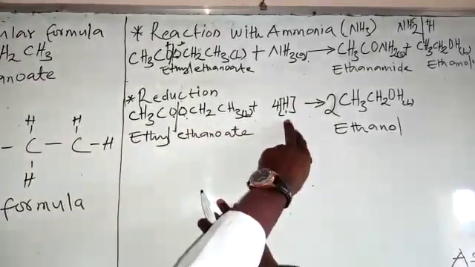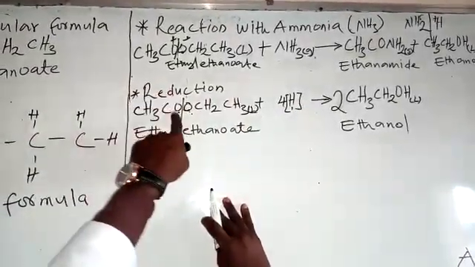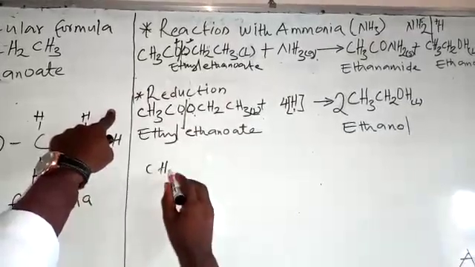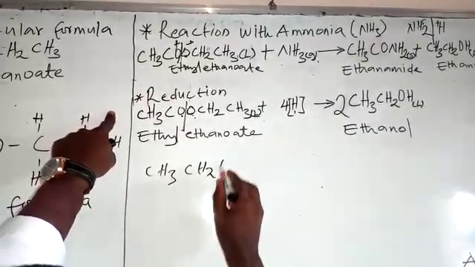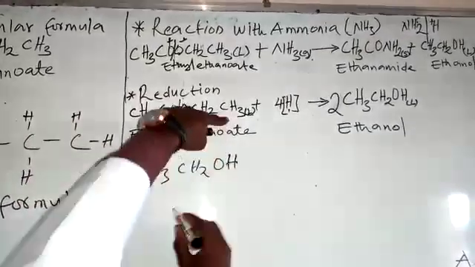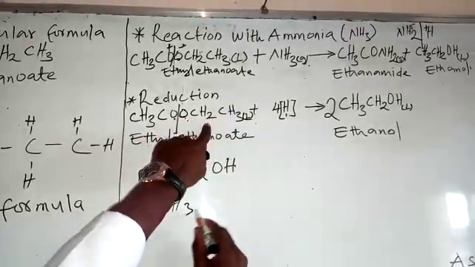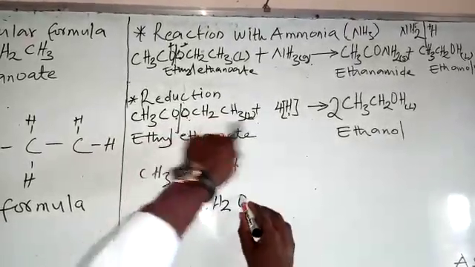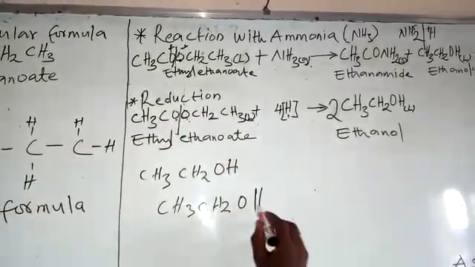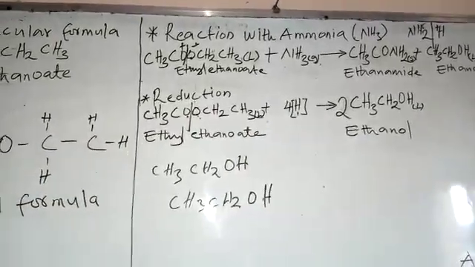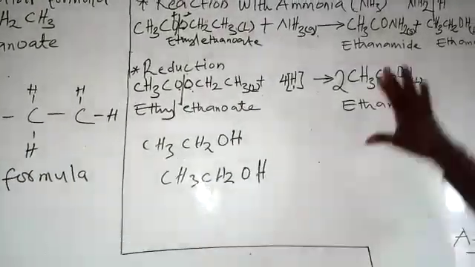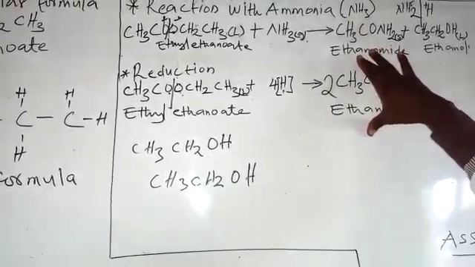Then the remaining 2 hydrogen will be attached to this carbon here, to give you CH3CH2OH. And this now becomes CH3CH2O. Then one hydrogen attached will give you H. This is 2 moles of ethanol. So this is how we obtain the 2 molecules of ethanol that will form here.